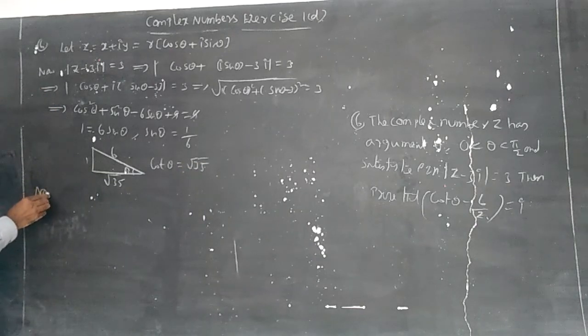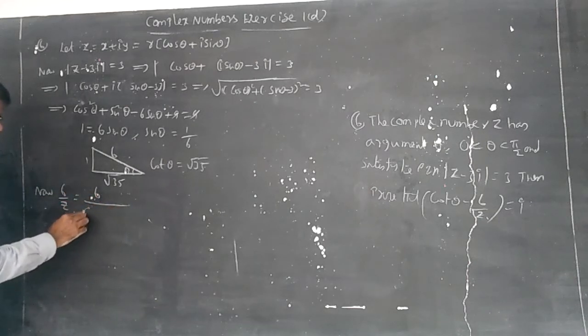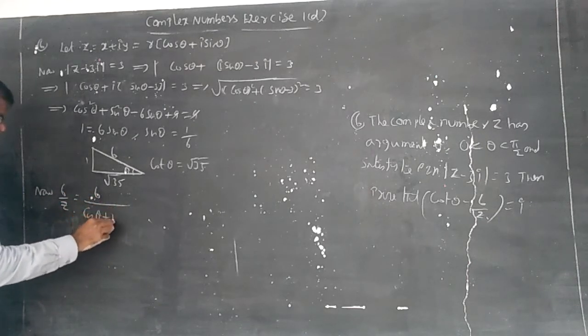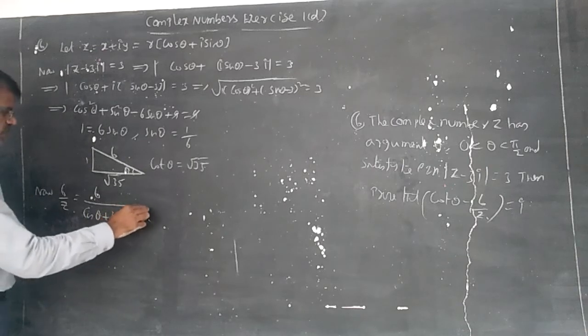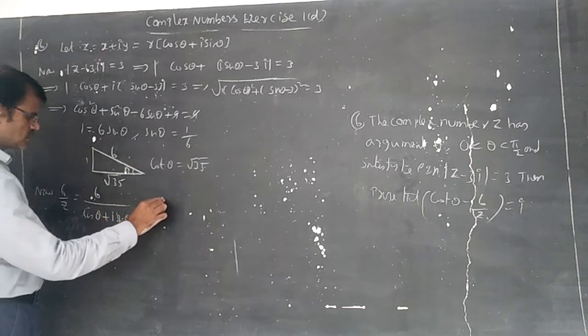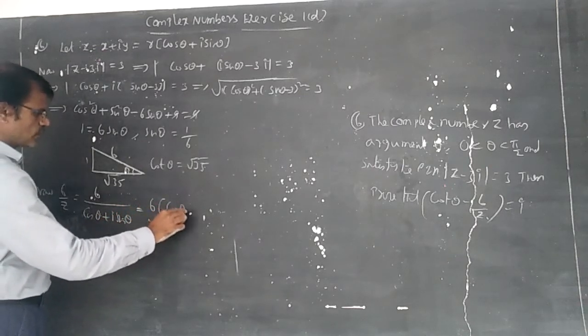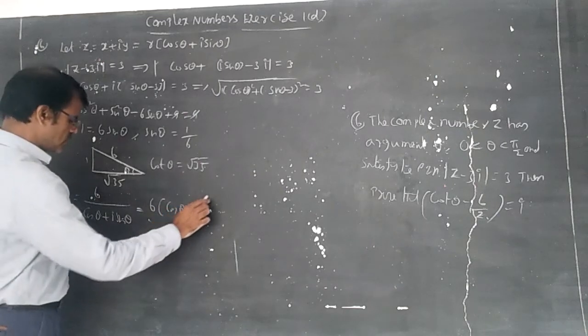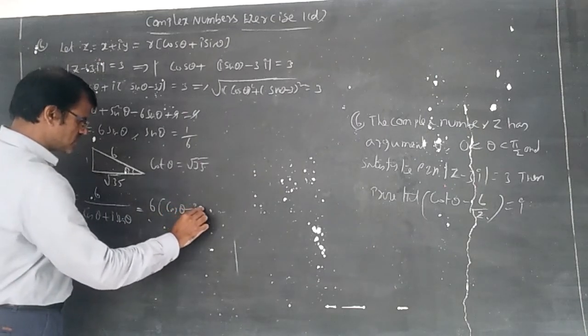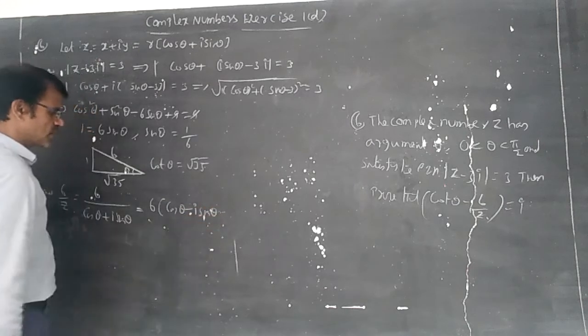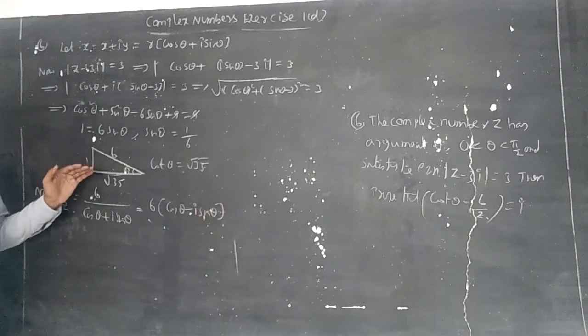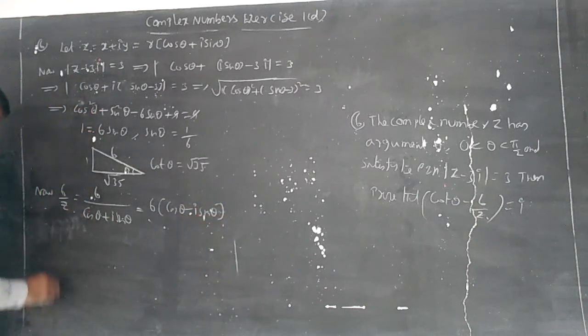Now 6 by z I am writing. 6 by z is equal to 6 by simply cos theta plus I sin theta. Using the property, 1 by e to the power I theta is equal to e to the power minus I theta. So that is equal to 6 into cos theta minus I sin theta. If you are getting confused, you can multiply and divide with its conjugate complex number.